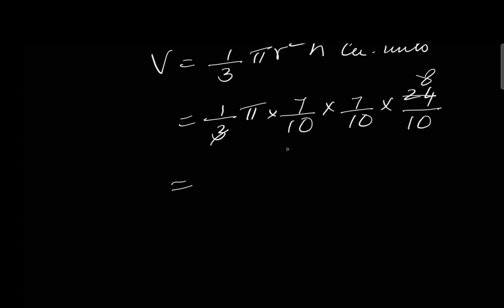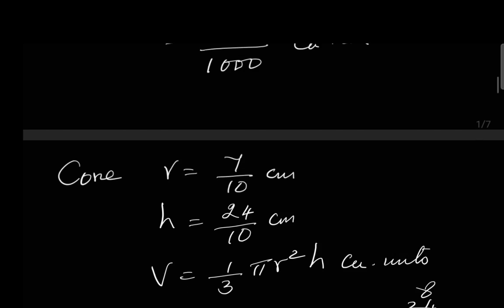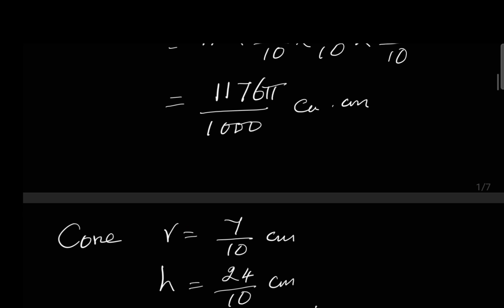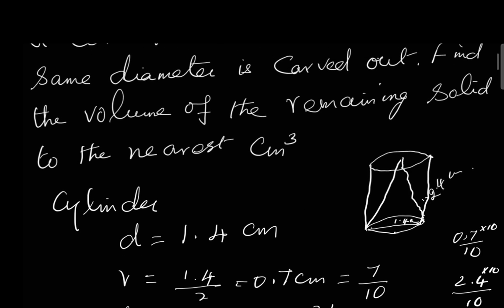Multiply this: 7 sevens are 49, 49 into 8 is 392. Write this as 392 pi divided by 1000 centimeter cube. This is the volume of the cone carved out from the cylinder.